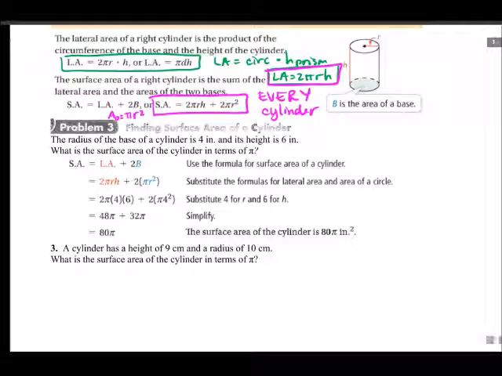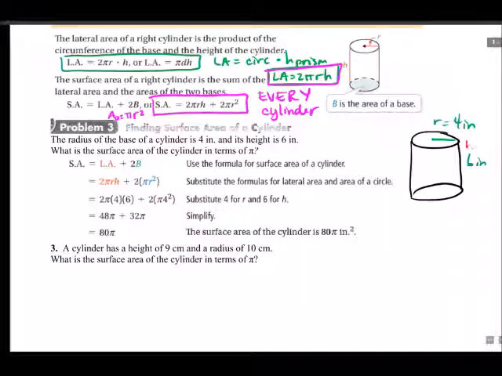It says we have a cylinder that has a radius of 4 inches and a height of 6 inches. So we know this is 6 inches and our radius equals 4 inches. And so we know that this is the height of our cylinder.